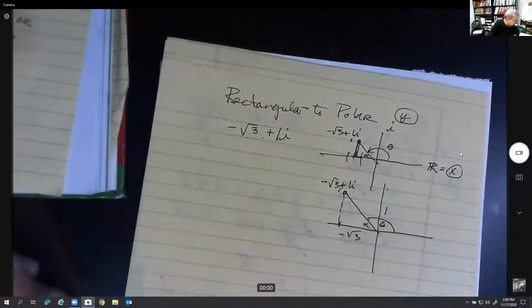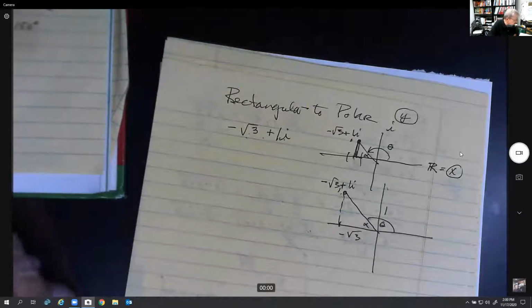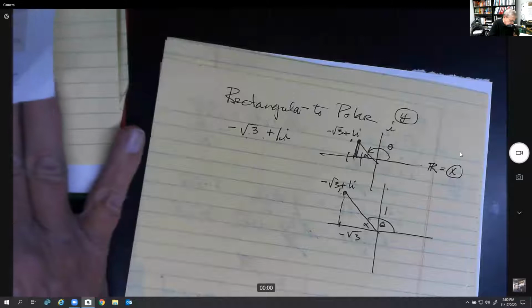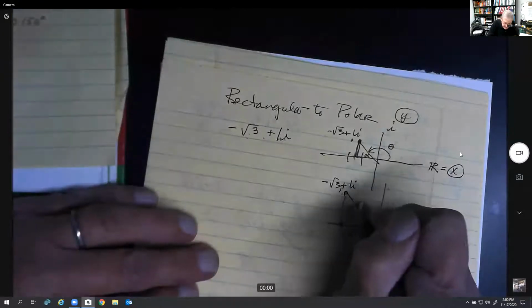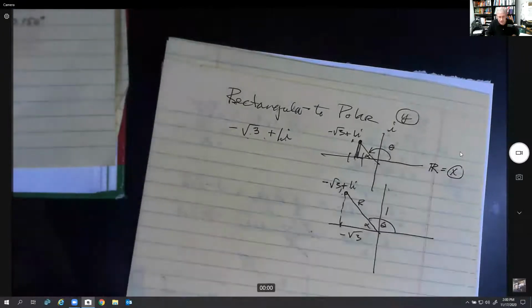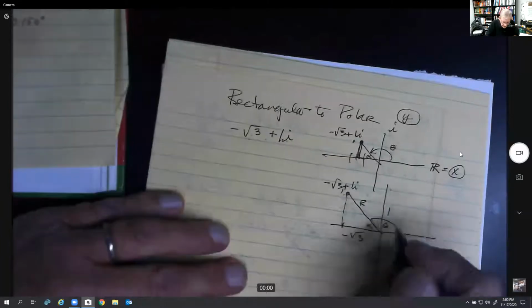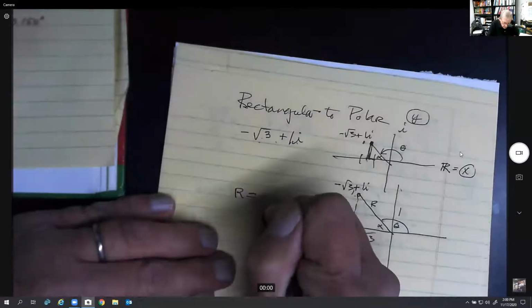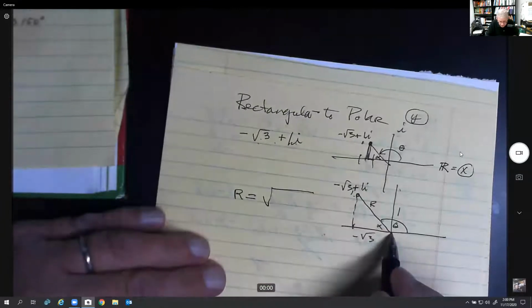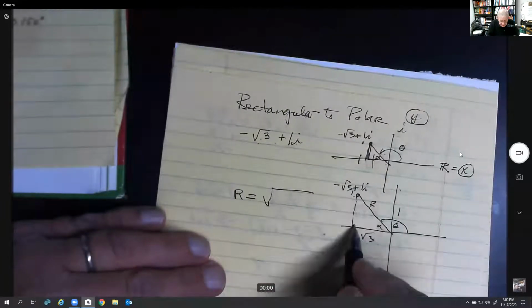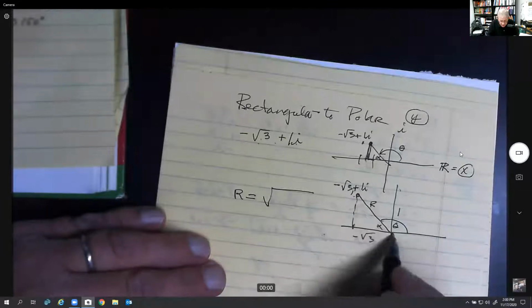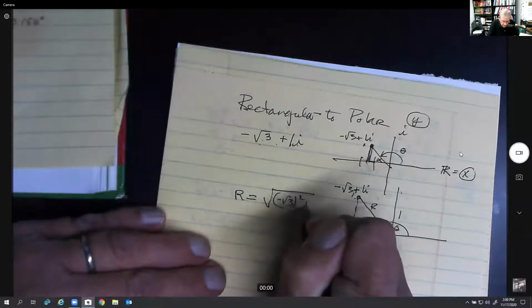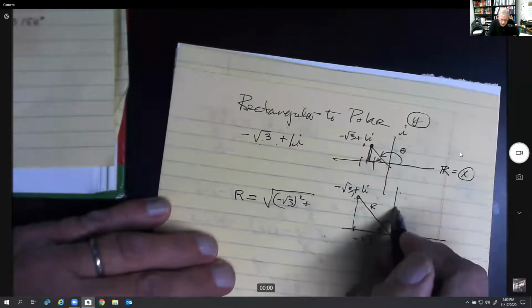Okay, so let's see what else we can do. It said first we want to draw this. Then what's the next thing? We want to find out what this distance is right here, r. So r equals the square root of x squared. Well, x squared would be this distance, negative radical 3 squared, plus y squared, and y would be our 1 distance.